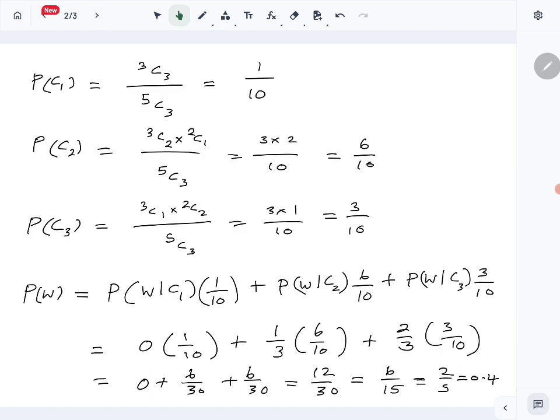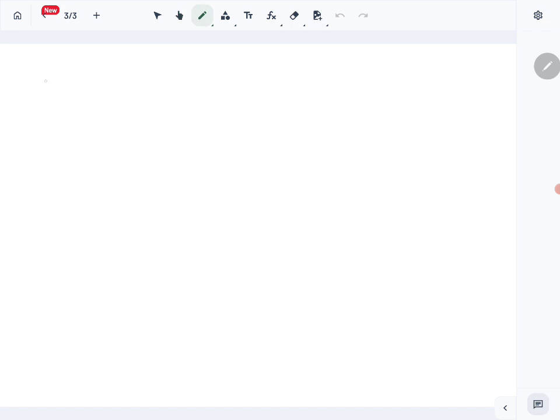So let's find that. The conditional probability is this. This represents 2 white, 1 black. We already know we choose a white.